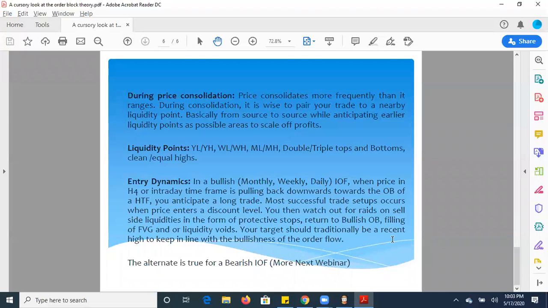And we just explained that in the previous point: yesterday high, yesterday low, weekly high, and all of those points. At those points, you should be expecting price to take out liquidity there and then reject. So your target should traditionally be a recent high, to keep in line with the bullishness of the order flow, right?